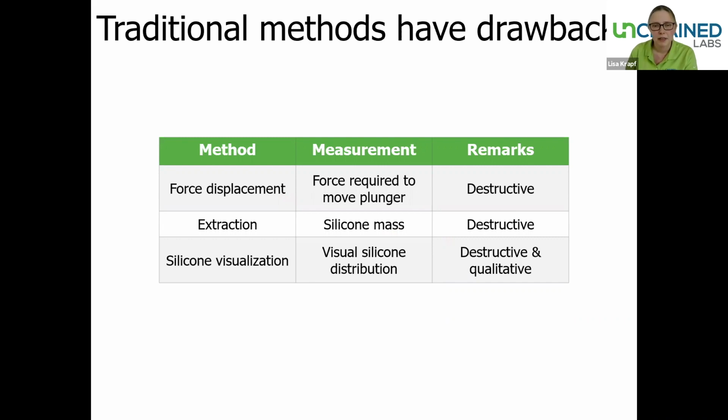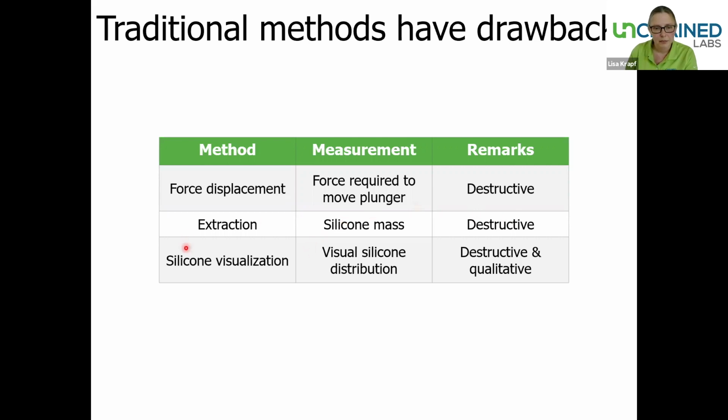The good thing about that is that this force is a direct parameter that tells you something about the quality of the syringe. So you immediately know if the force you require to do that movement is low enough so that your device can do that, or that it's comfortable for the patient to have the injection. On the other hand, that's a destructive method, so you can do that measurement, but then the sample is gone.